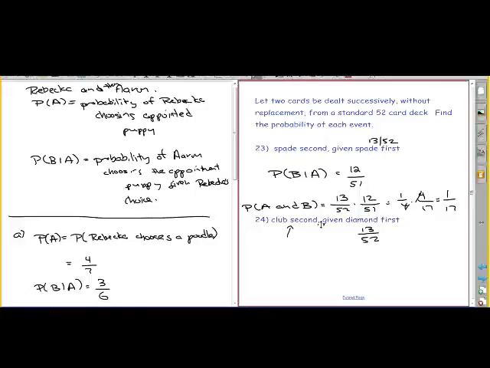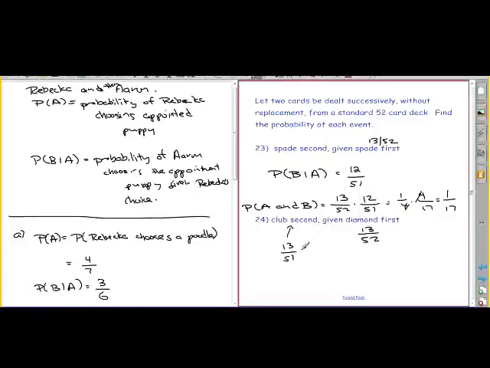The probability of picking a club second, well, by picking a diamond, I don't reduce the number of clubs. So I still have 13 clubs in the deck, but I have one less card in the deck. In the case of 2 spades, I decrease both the numerator and the denominator. The denominator because I take a card, the numerator because I take a spade.